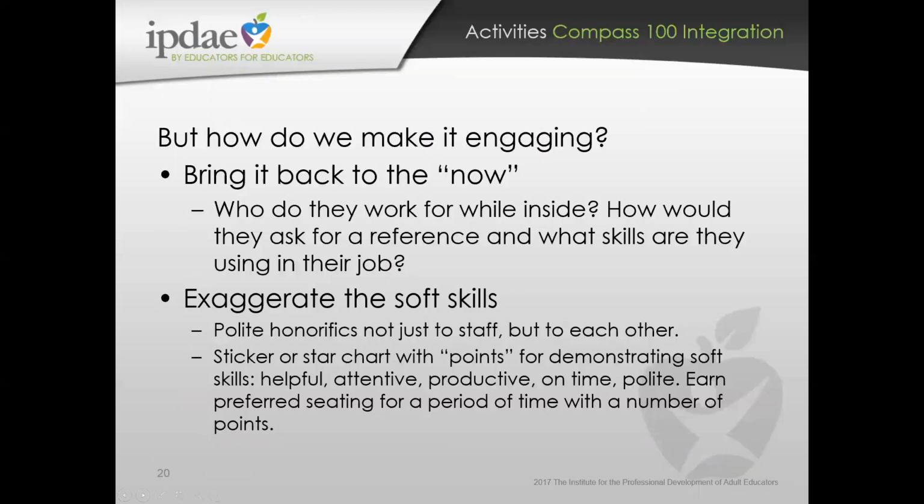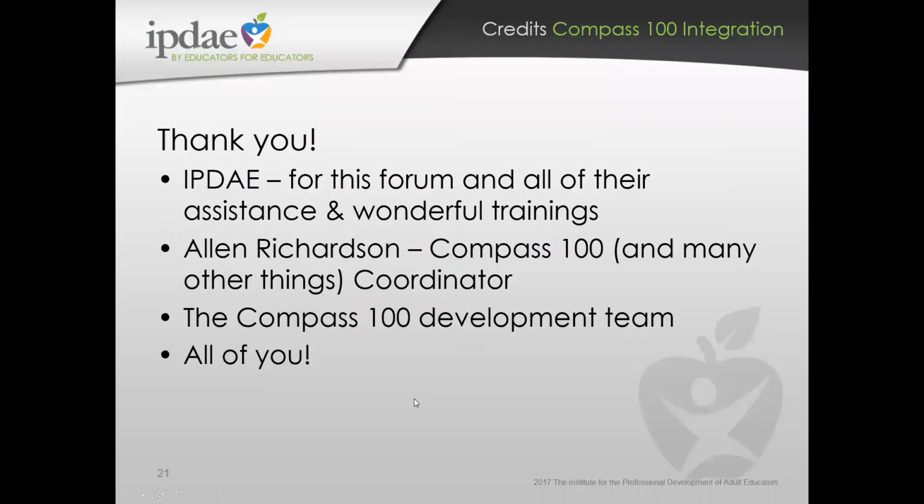Everything works together in order to make sure that our students and every inmate has the best opportunity possible to succeed once they exit the gates. And if they're not going to exit the gates, to make sure that they have every opportunity possible to still have a fulfilling life.